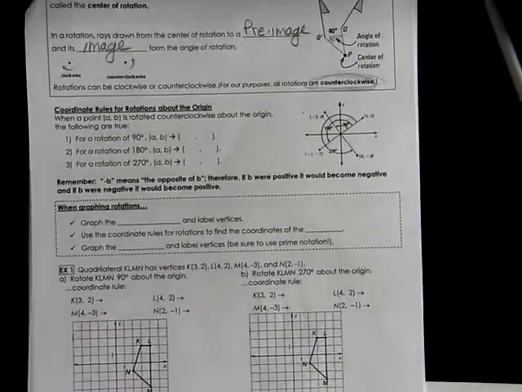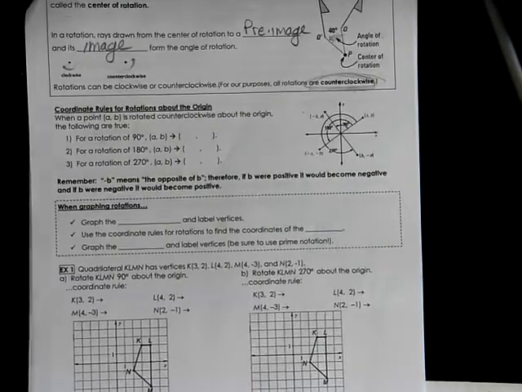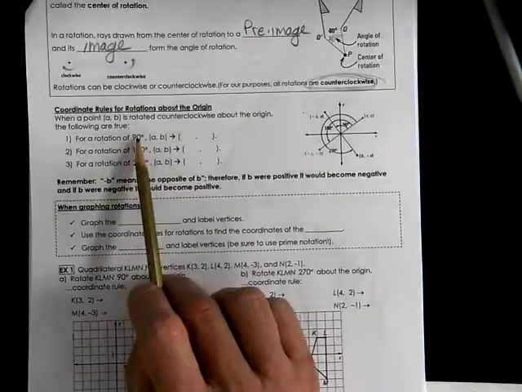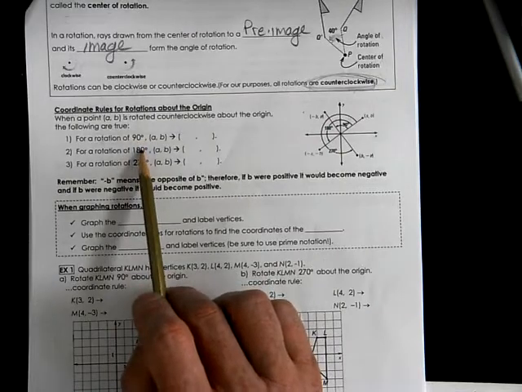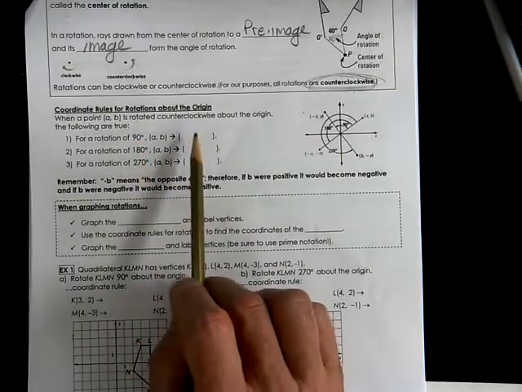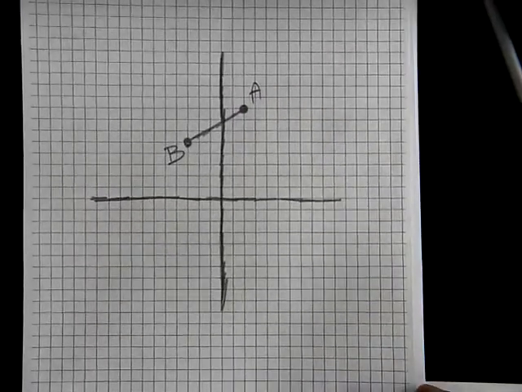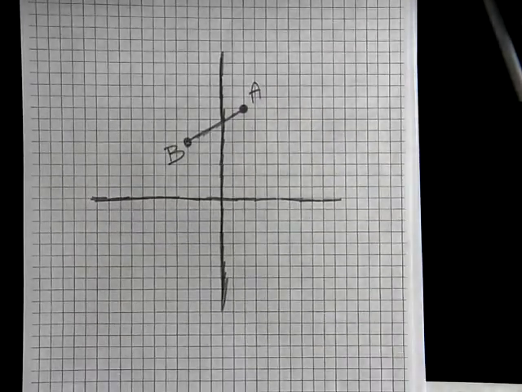So here are some rules, the main notes that we need. For us to figure out a 90-degree rotation or a 180 or a 270, we have rules for those. We're going to take a look at this segment AB.